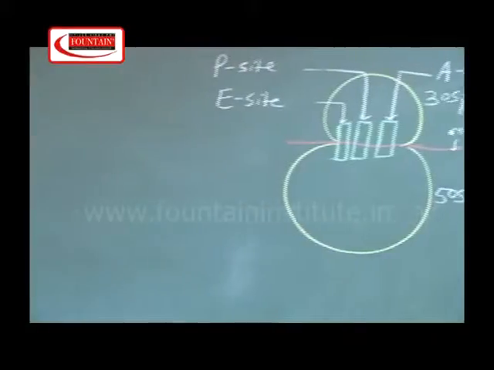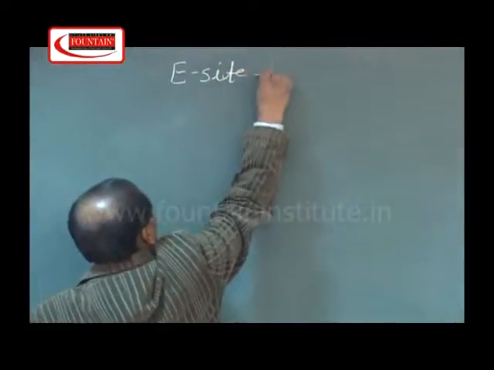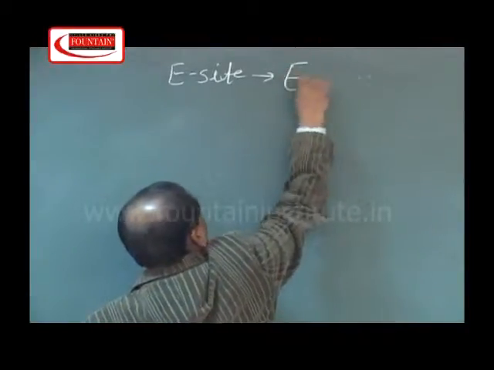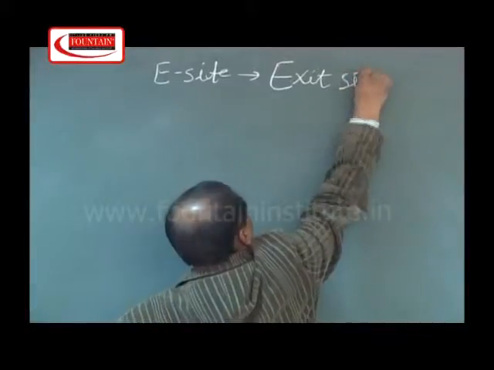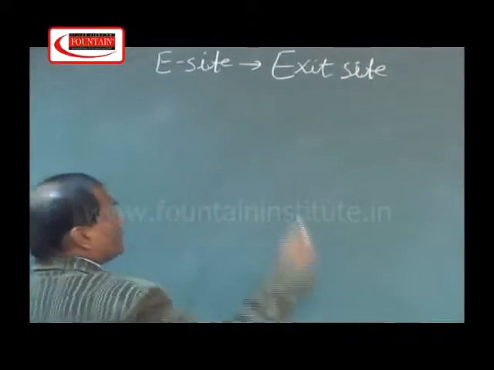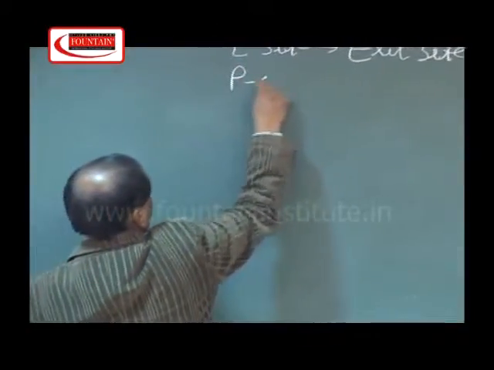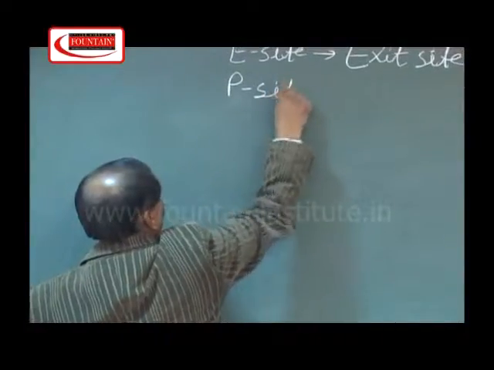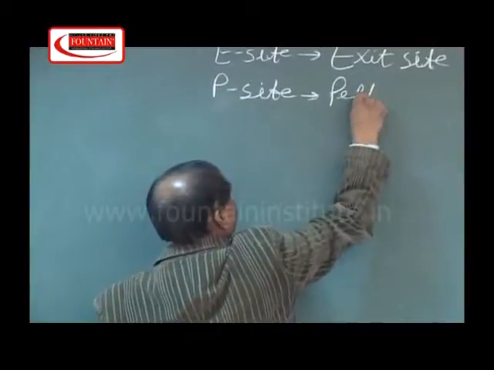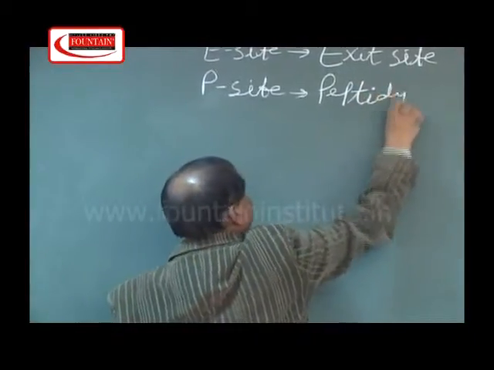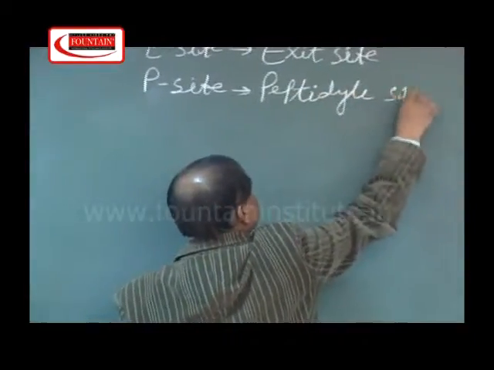The full form of E site is exit site. P site is peptidyl site.